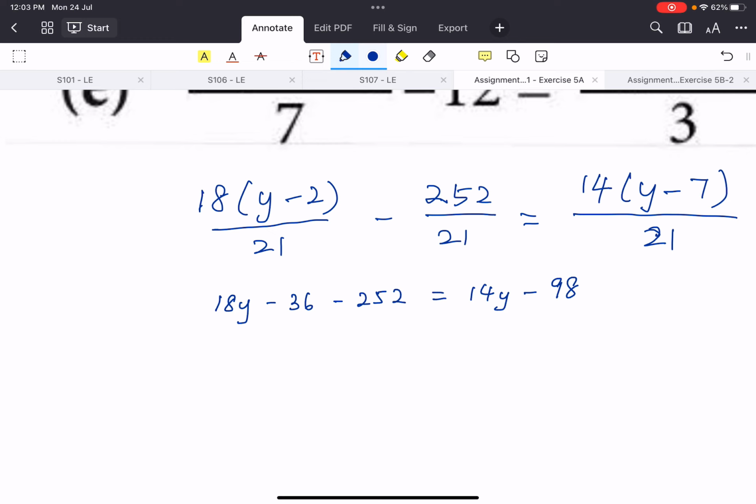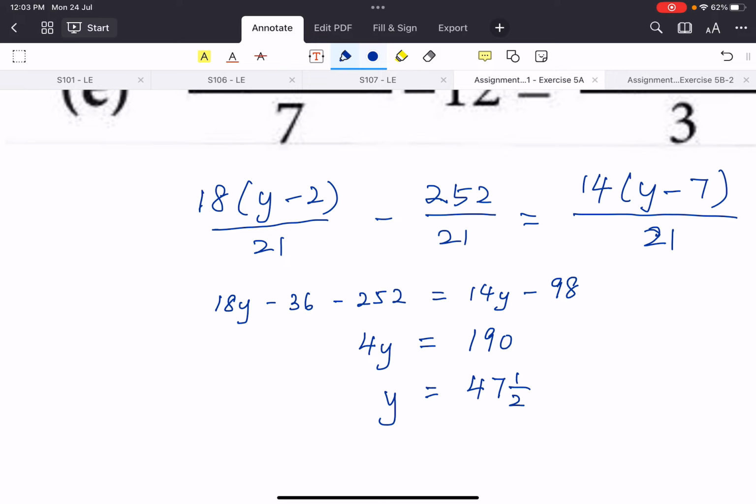So simplifying it, 18y subtract 14y, we have 4y. On the other side, we have 252 plus 36 minus 98, which gives us 190. That means y is equal to 47.5.